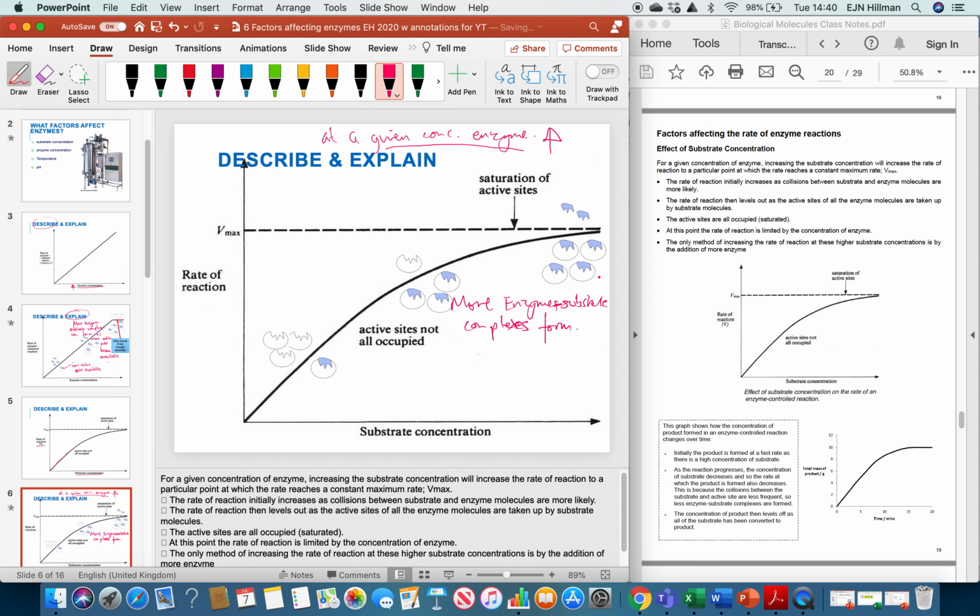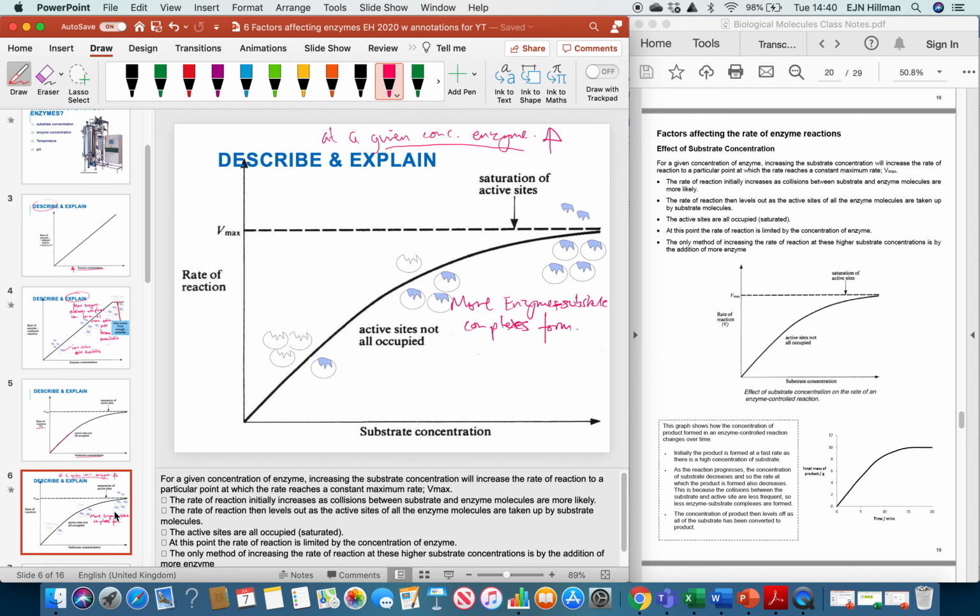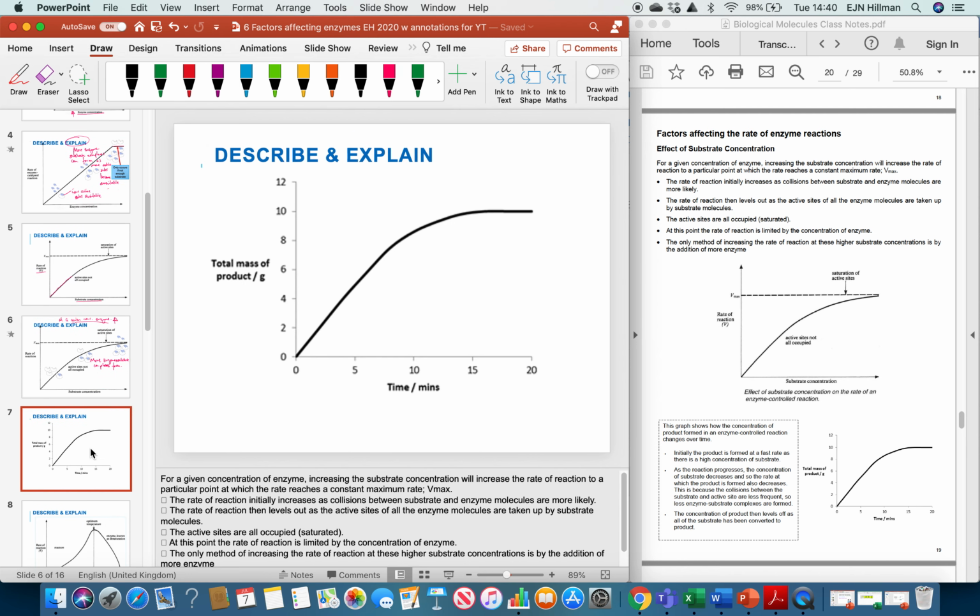Eventually, the active sites all become saturated, so we reach its maximum rate of reaction, and the only way to increase that rate of reaction would be to increase the concentration of the enzyme. Let's have a look at the next one.